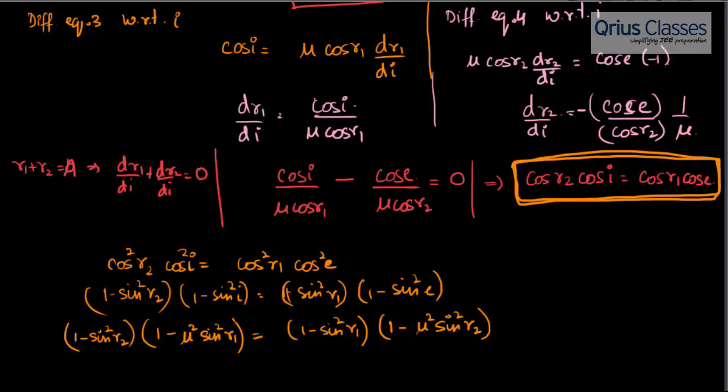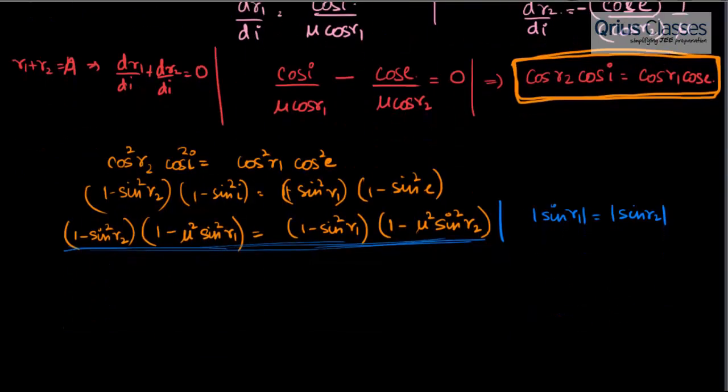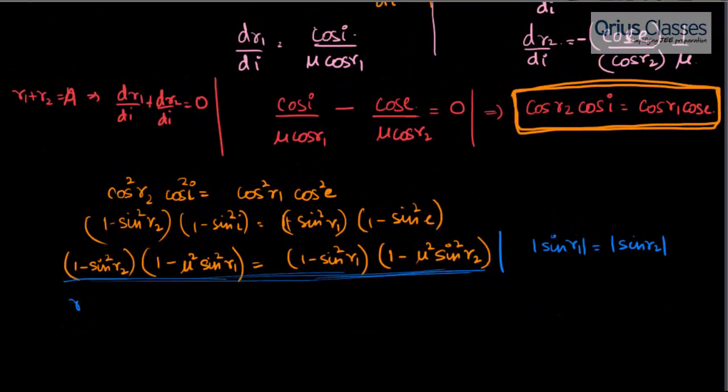Now in order for this to be true, we have only one condition in which case this is going to be true, and that condition is mod of sine r1 must be equal to mod of sine r2, or in other words, r1 equal to r2.